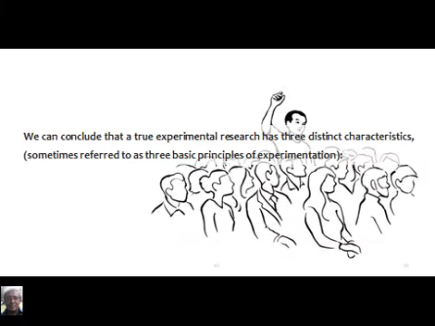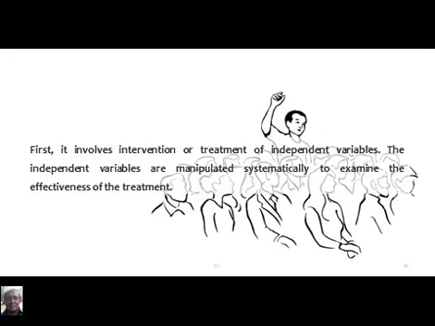We can conclude that a true experimental research has three distinct characteristics, sometimes referred to as three basic principles of experimentation. First, it involves intervention or treatment of independent variables. The independent variables are manipulated systematically to examine the effectiveness of the treatment.